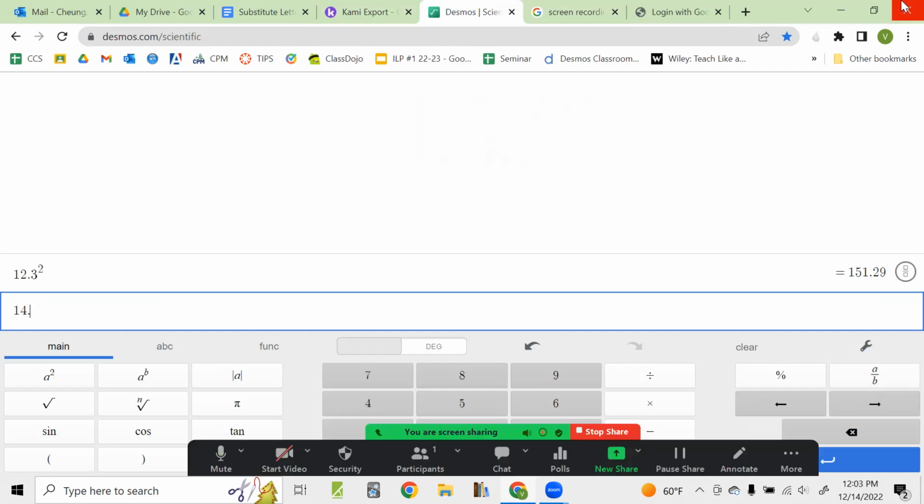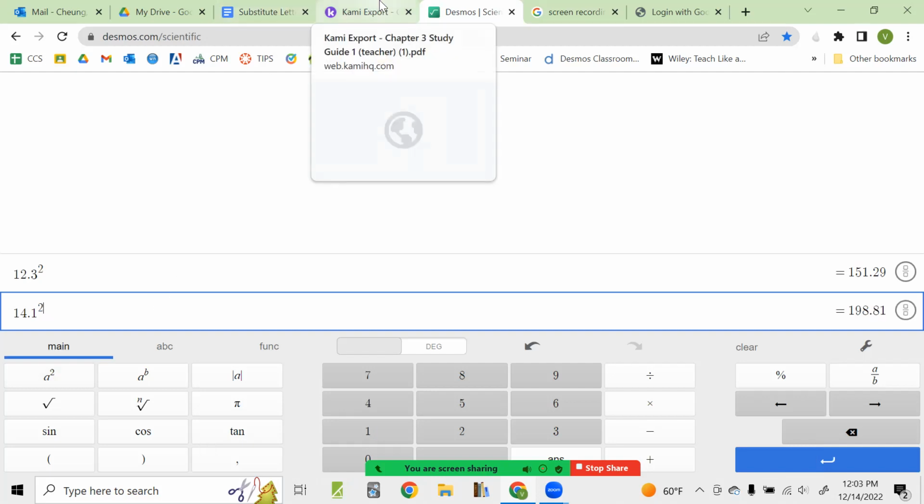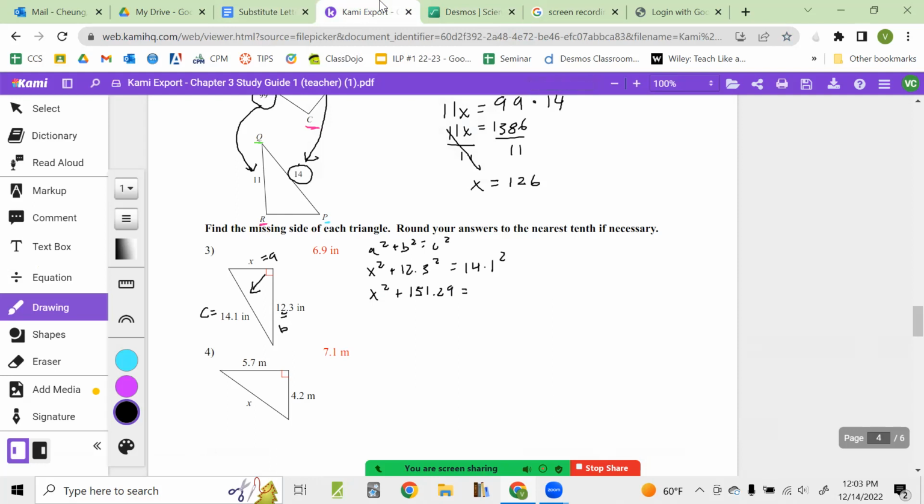Careful. 14.1 squared is 198.81. All right, we want that x squared by itself, so we're going to subtract from both sides 151.29.